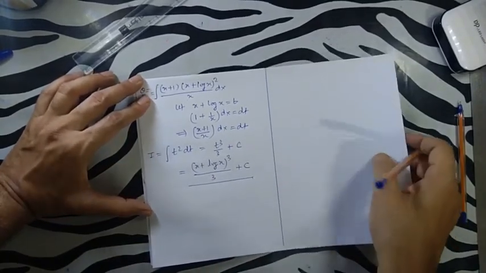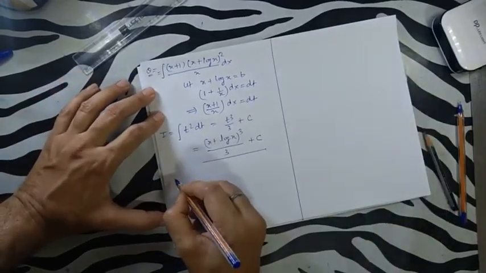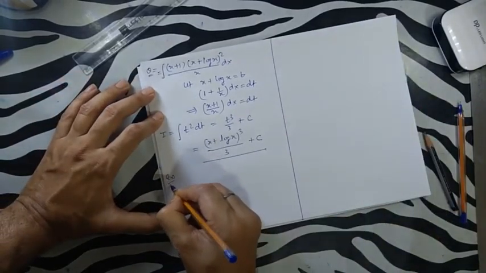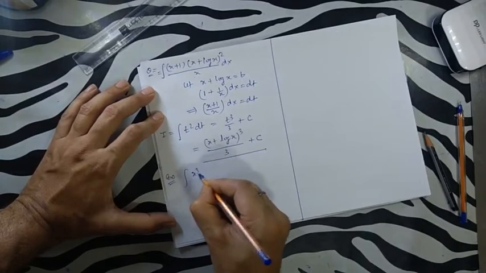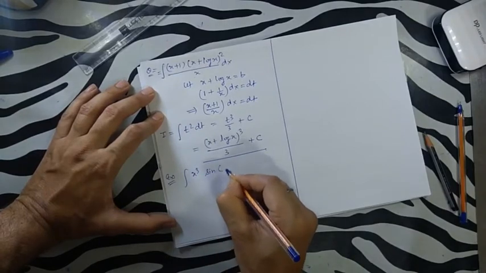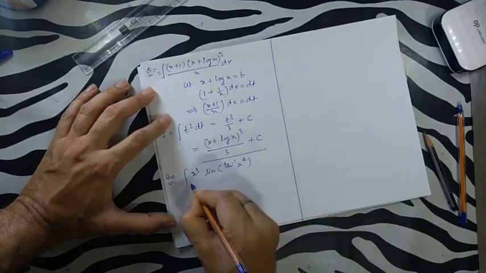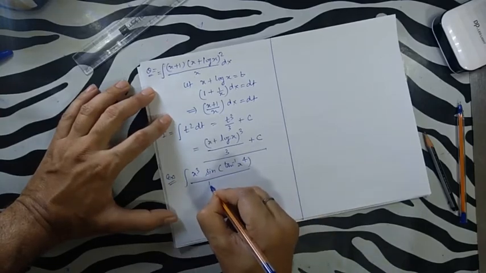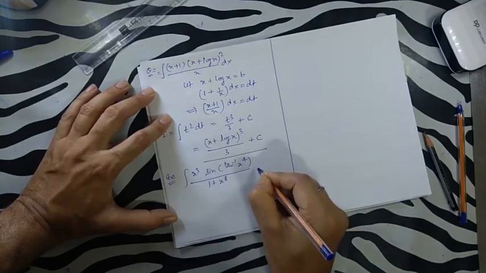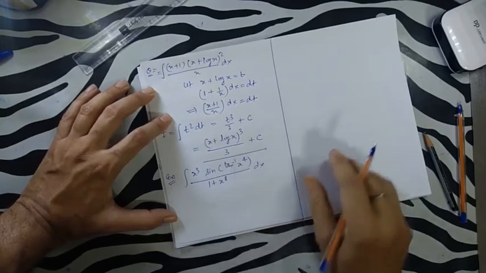Now take one more example. Integration of x cube sine tan inverse x raised to power 4 divided by 1 plus x raised to power 8 dx.